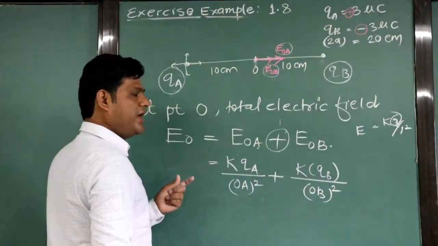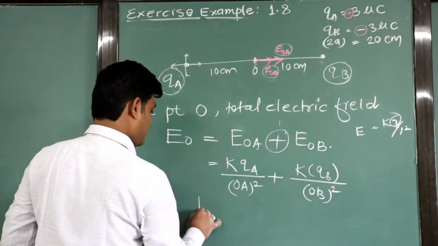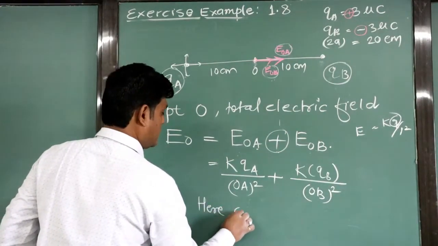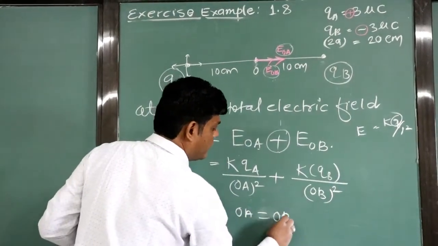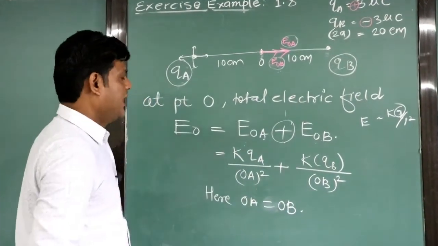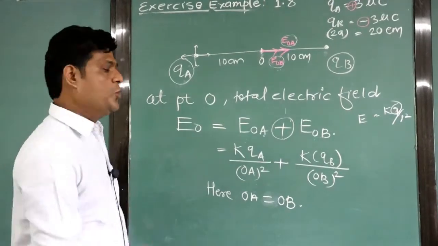Here OA and OB are the same, and QA is also equal to QB, right?